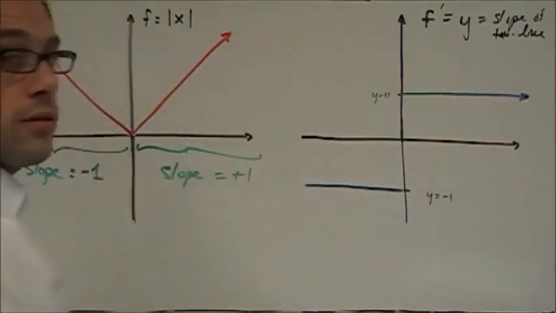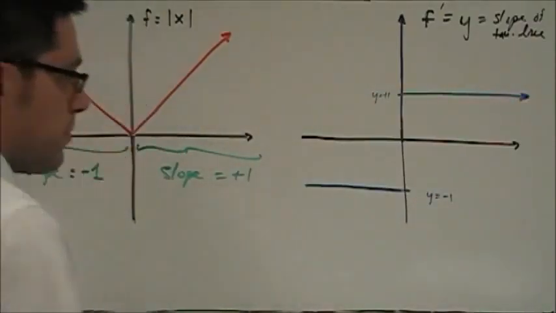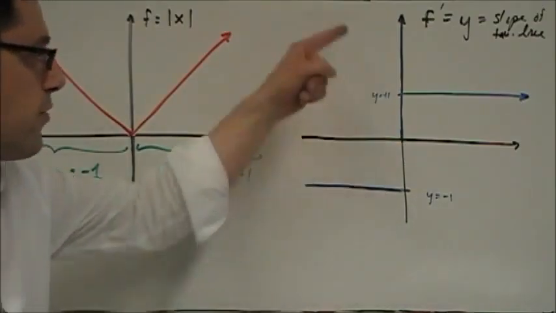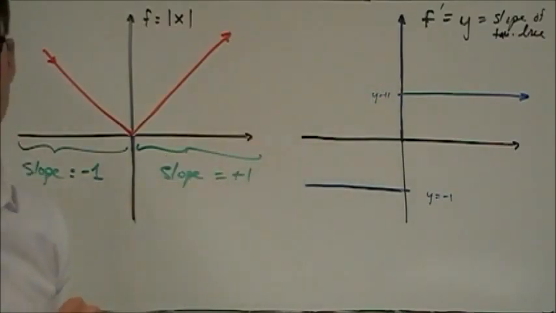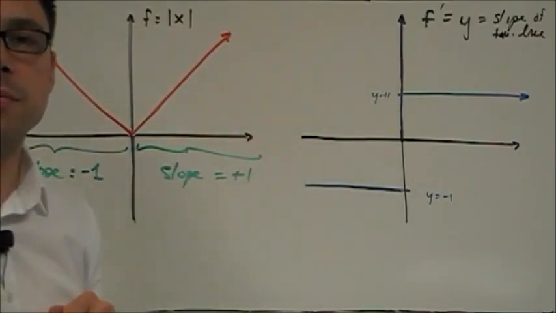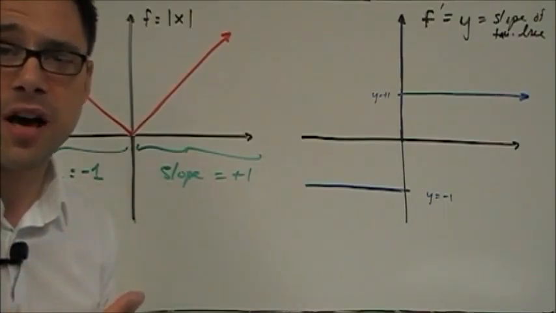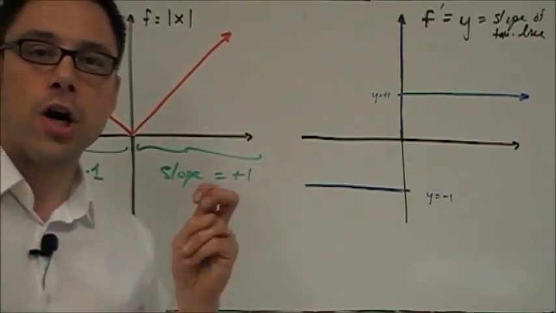So it's a constant. The only thing is we have to be a little more careful here, because at 0 it's really not differentiable, meaning it jumps. It takes on two different values. And we want our derivative to be a function, so we can't have it take on two separate values at the same time. That would violate functionness.